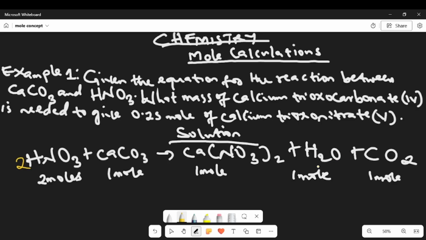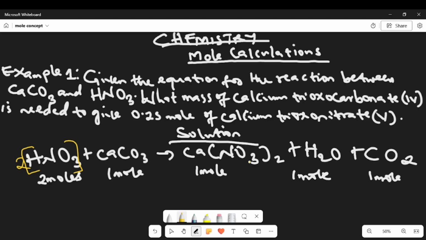They are equal. Now this 2 you introduced here is not only for hydrogen this time around, but also for nitrogen and oxygen. So you have 2 atoms of hydrogen here, 2 atoms of hydrogen here. For nitrogen, 2 multiplied by 1 atom of nitrogen gives you 2 atoms of nitrogen.